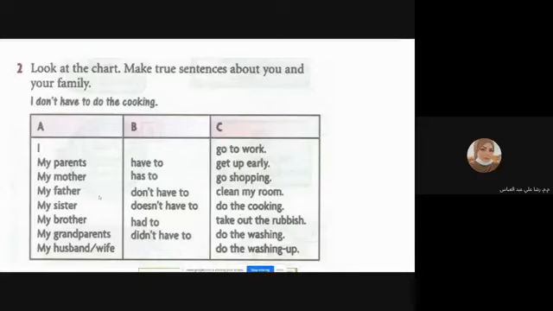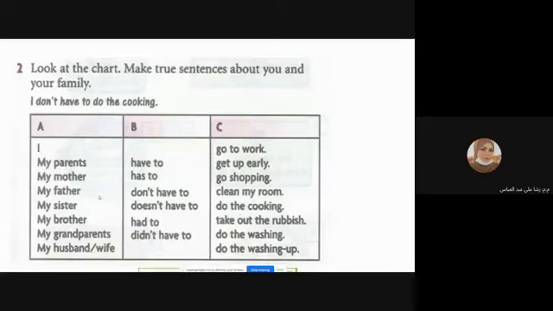This table talks about have to in detail, meaning the patterns that have to can take. In the present, it can be have to or has to according to the subject. If the subject is I, you, we, they or a plural noun, we use have to. If it is singular, he, she, it or a singular noun, we use has to.